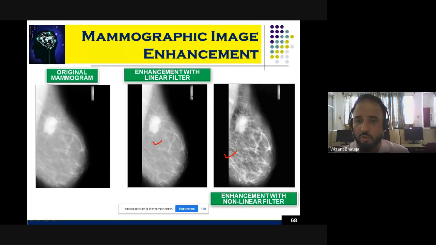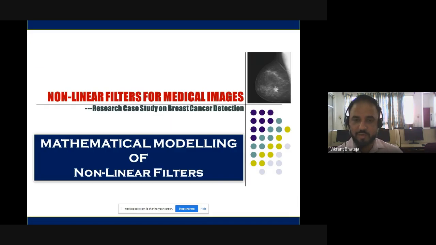You can see with a non-linear filter, a certain amount of enhancement has been done. Although I'm not saying in any way that this is a very good response. We'll be converging toward how we get a good response, or what the ideally good images are in such types of medical images, which we'll be seeing later. But this is a tentative output of enhancement with a non-linear filter.